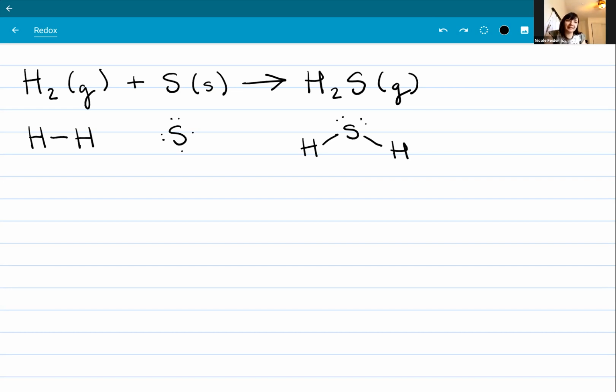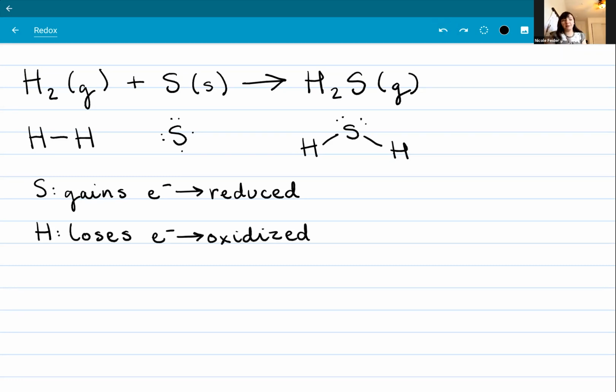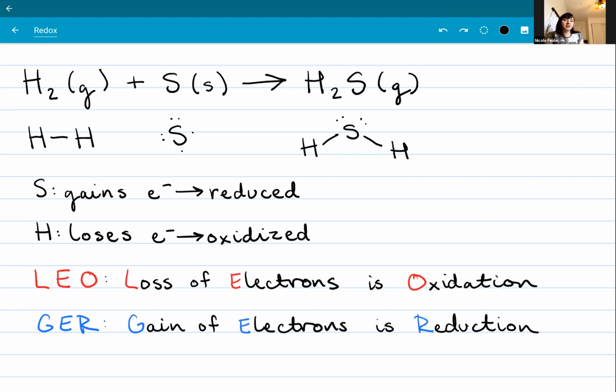Because sulfur is gaining electrons, sulfur is being reduced, and in turn, hydrogen is being oxidized. A common mnemonic used is LEOGER, like a lion goes grr, which is short for loss of electrons is oxidation, gain of electrons is reduction.